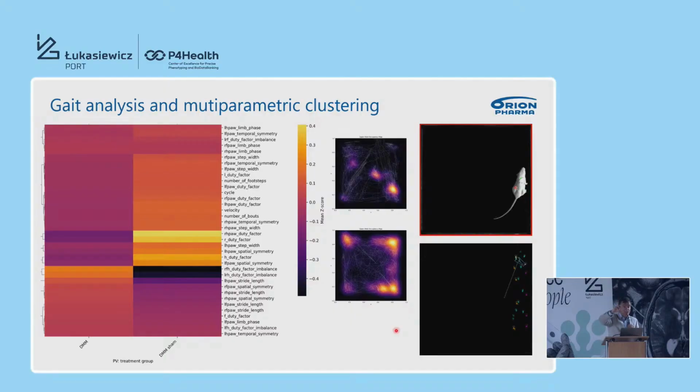You start seeing the differences in behavior in response to compounds in different animal models, and being more sensitive to assessment of subtle phenotypes, of subtle behavioral changes which you induce in these animals.